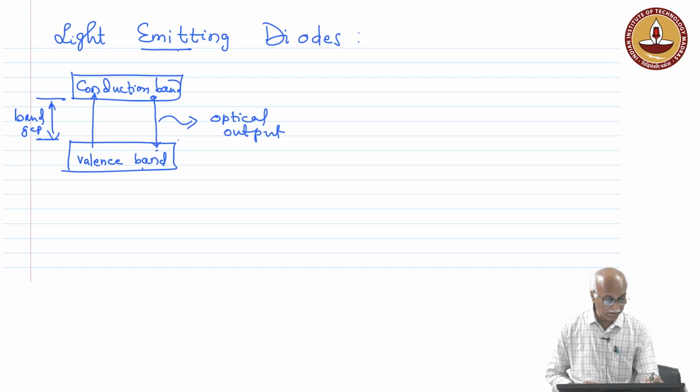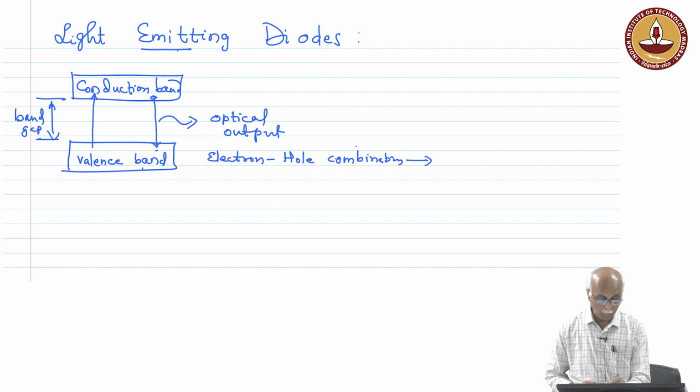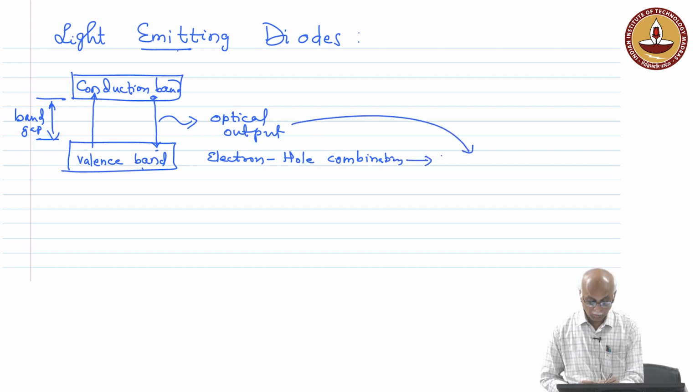So, it is basically recombining the electron with the hole that will emit optical light, and this optical output corresponds to the band gap energy.